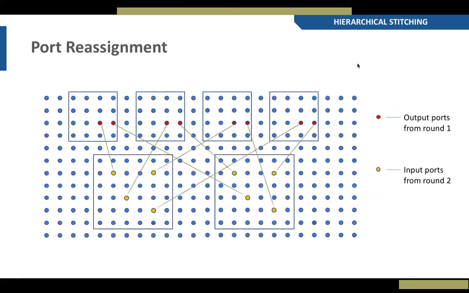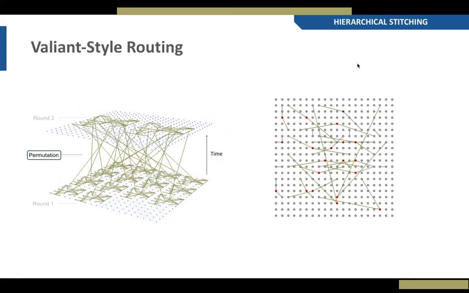And so my question is, so many of the pictures that you're showing show a huge amount of structure and order to the graphs. And so I'm wondering whether Valiant style routing to an intermediate point reduces that structure rather than harnessing it.